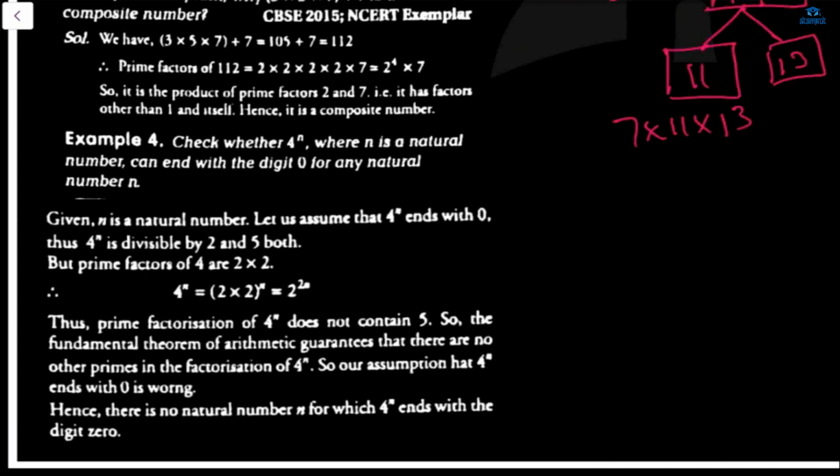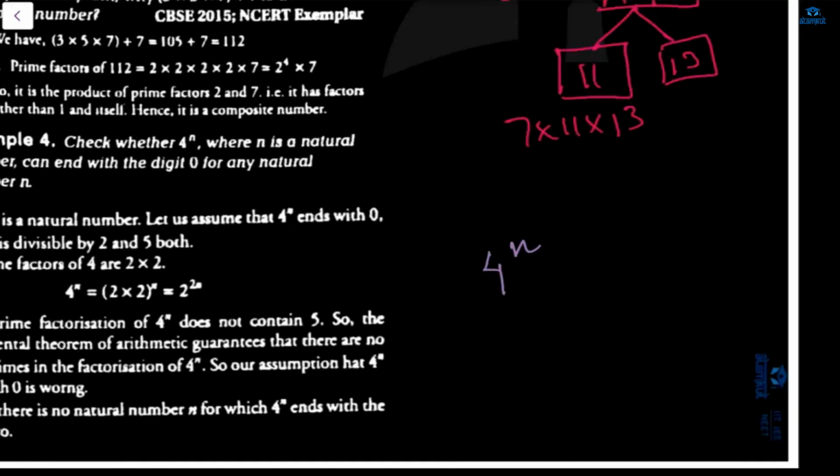Will it end with 0? Let us assume that it is ending with 0, as a contradictory fact. So if it is ending with 0, the factors of 4 are what? 2 into 2, to the power n. Yes or no? Yes, ma'am.